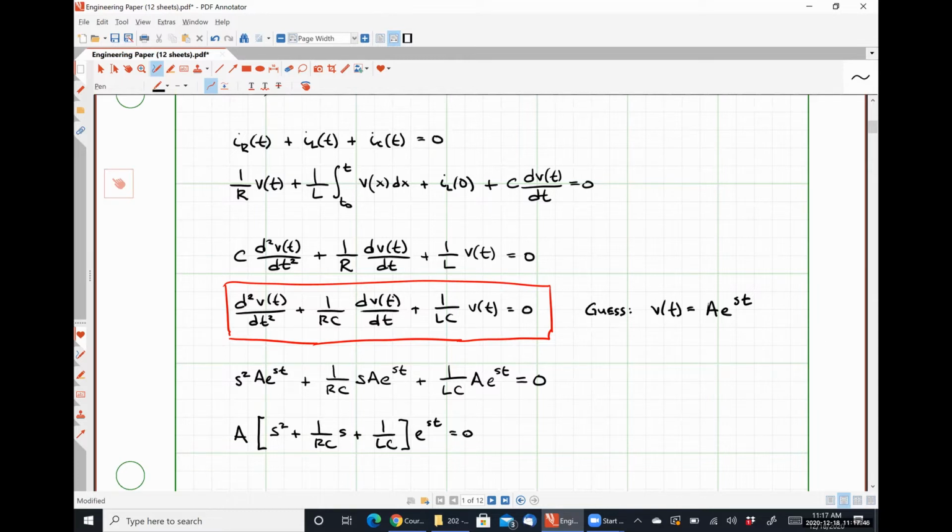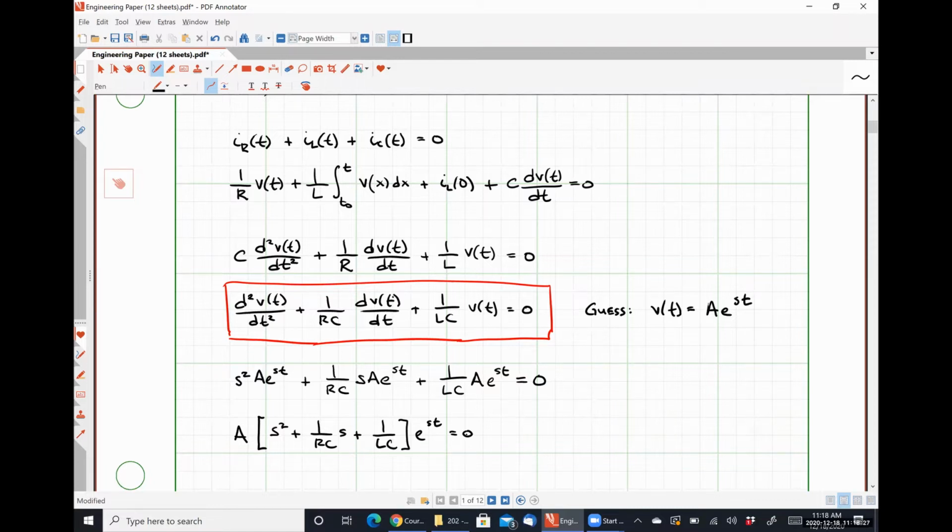And so what I'm left with is A multiplied by the quantity s squared plus 1 over RC multiplied by s plus 1 over LC, multiplied by e to the st, is equal to 0. So our ultimate goal is to figure out how this thing is going to go to 0. If A is 0, everything is 0. And so this is the trivial solution and actually provides us no feedback whatsoever on how this guy is going to behave. e to the st could approach 0 for specific values of s.